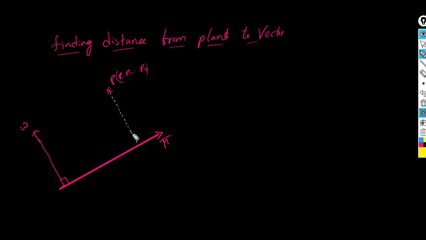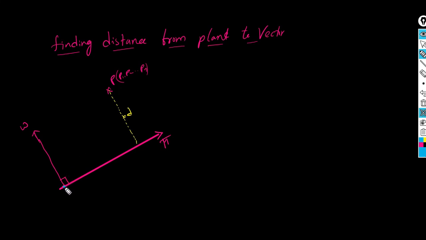Now let us see how to find the distance from a plane to a vector. This is the distance that we have to find. Let us call it d, and we will use blue color. This is the plane, and the vector representation of the plane is w, and it is perpendicular to the plane, that we can see here.